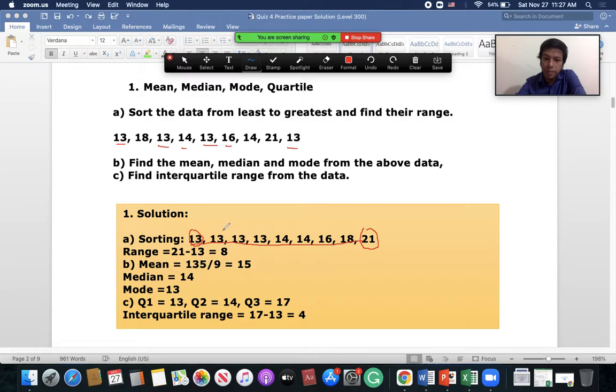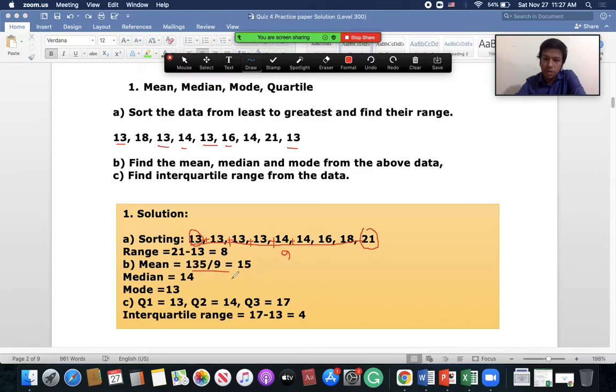For finding the mean, we will have to add all the numbers, that means 13 plus 13 plus 13 plus 13, then plus 14, and all the numbers, and divide it by the number of numbers. How many numbers do we have here? We have 1, 2, 3, 4, 5, 6, 7, 8, 9. So we will divide it by 9. 135 divided by 9 equals 15. This is the mean.